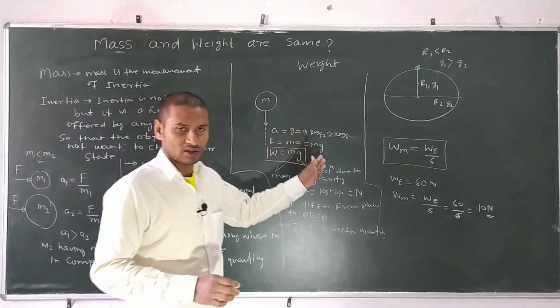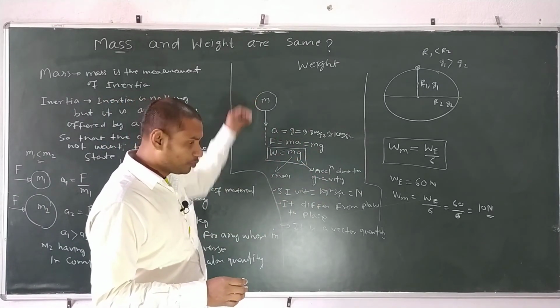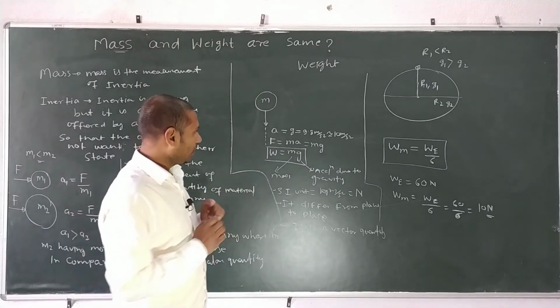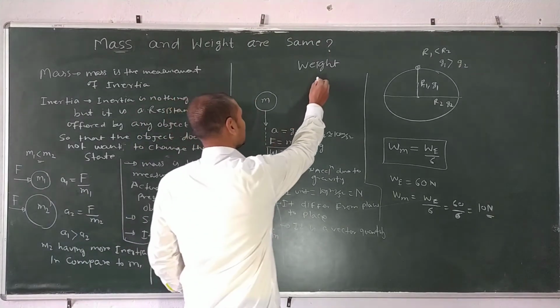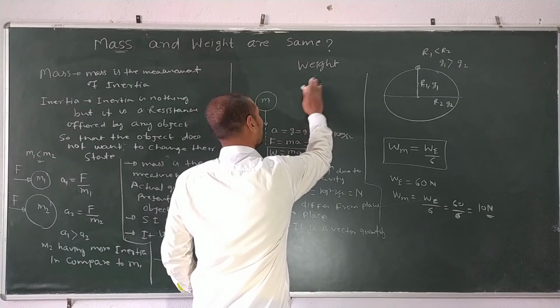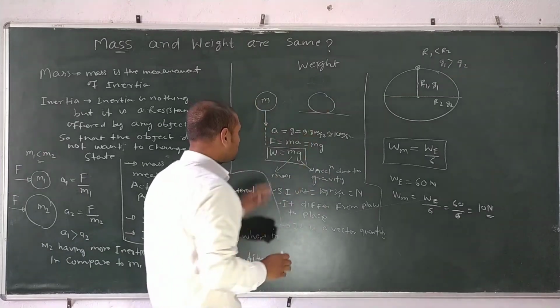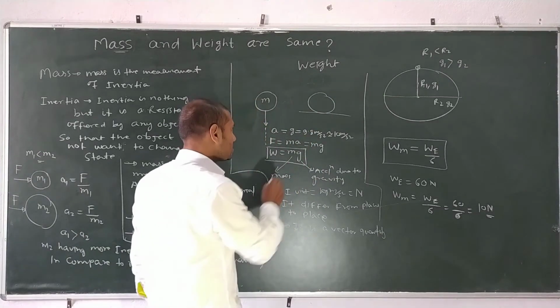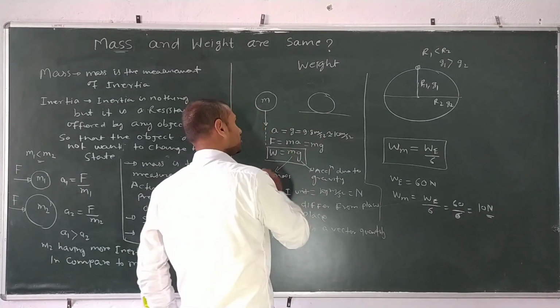Whereas weight is nothing but a type of force which is acting on any object to pull it down. Again, suppose this object is falling down and reaches the ground. Then what about the weight of the object when it reaches the ground?